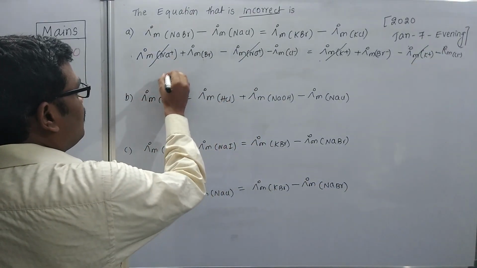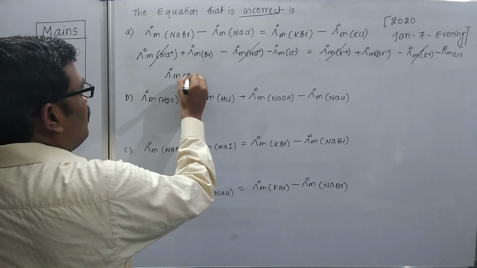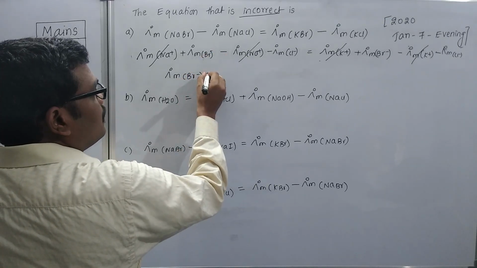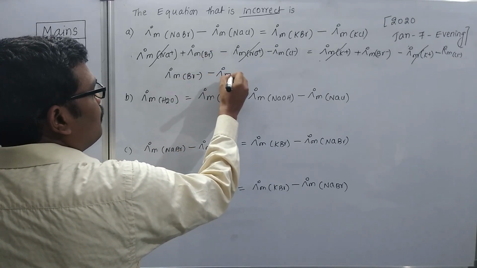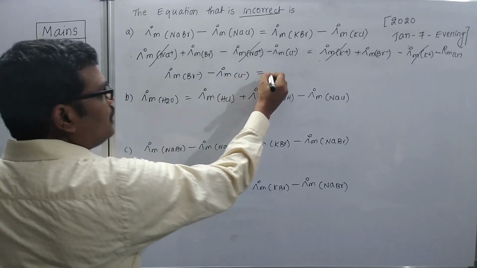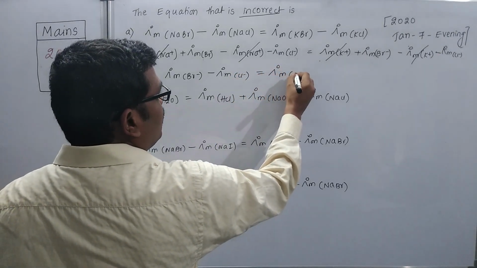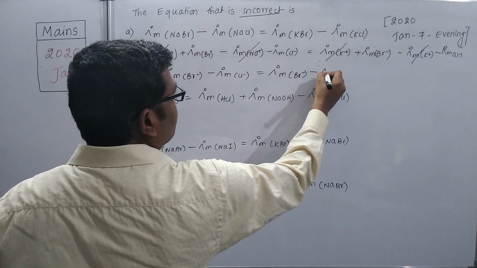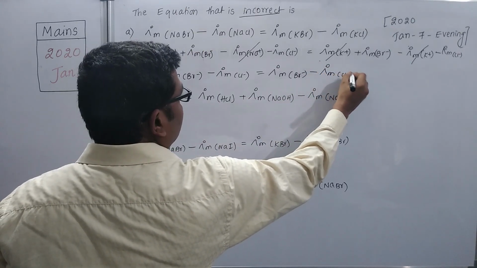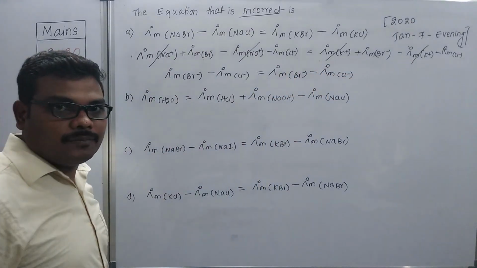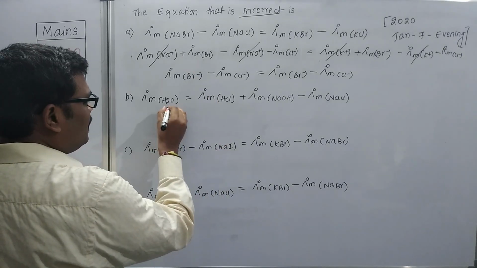Then what is remaining here? Lambda naught M of Br- minus lambda naught M of Cl-, that is equal to lambda naught M of Br- minus lambda naught M of Cl-. Yes, both are matching. So this one is correct.